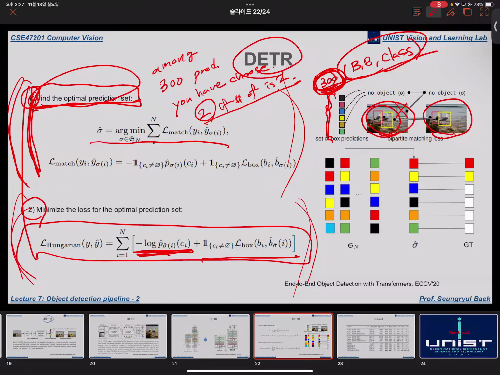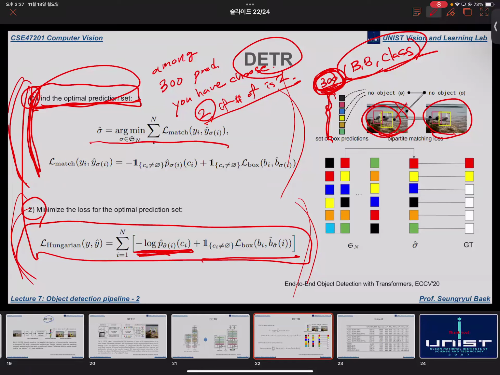Let's say this is the ground truth, having only 2 ground truth boxes, and the remaining boxes have to map to no object. If you have this kind of combination for bounding boxes, then this is closest to the GT, but the rest are not the same. Among these 300 factorial combinations, this sigma hat would be the best match to the ground truth.